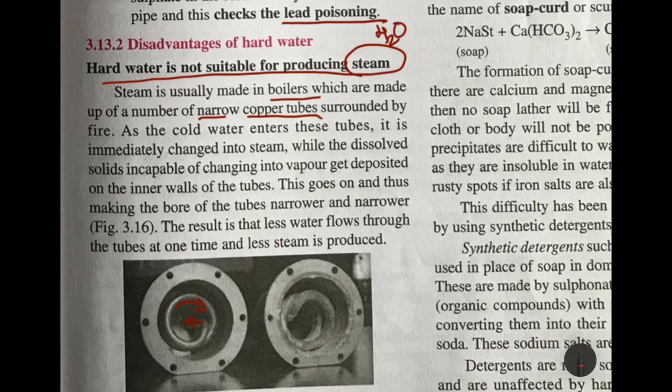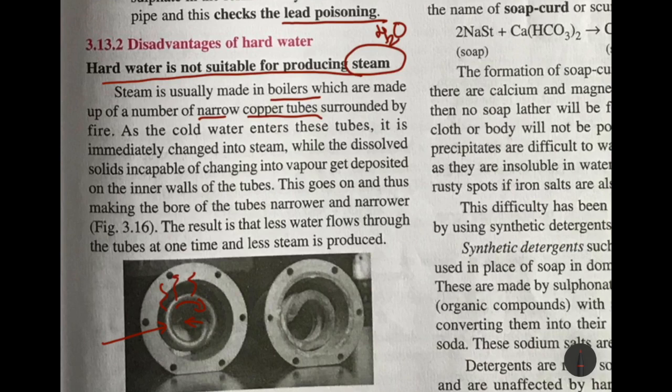Now as cold water enters these tubes, the copper tube is heated, and as soon as cold water touches it, it will turn into steam. While the dissolved solids are incapable of changing into vapor, it is only water which changes into vapor, but the dissolved salts or solids will not be able to change into vapor.